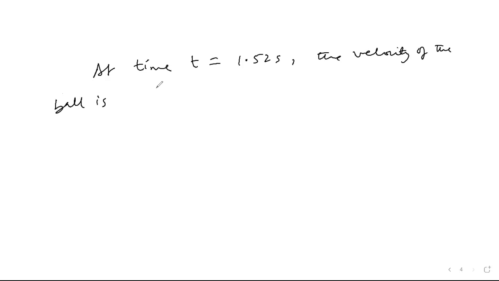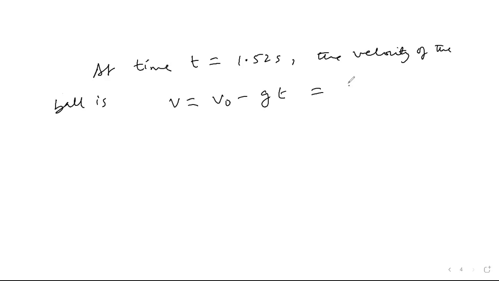At time t equal 1.52 second, the velocity of the ball is given by v is equal to v naught minus gt.